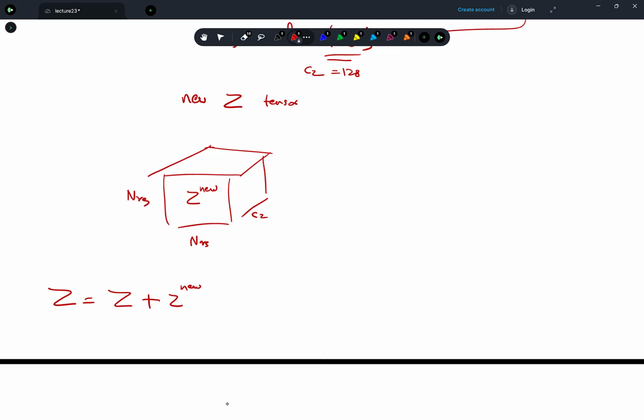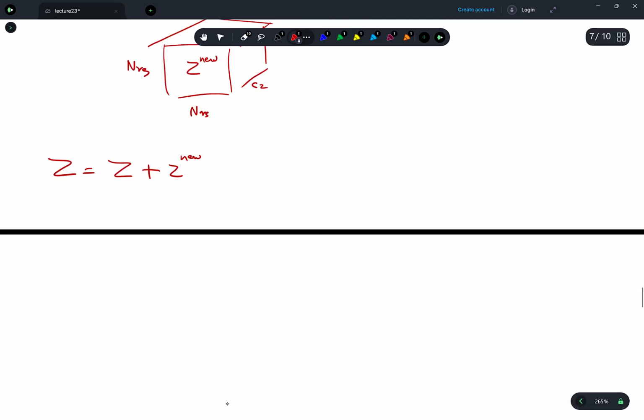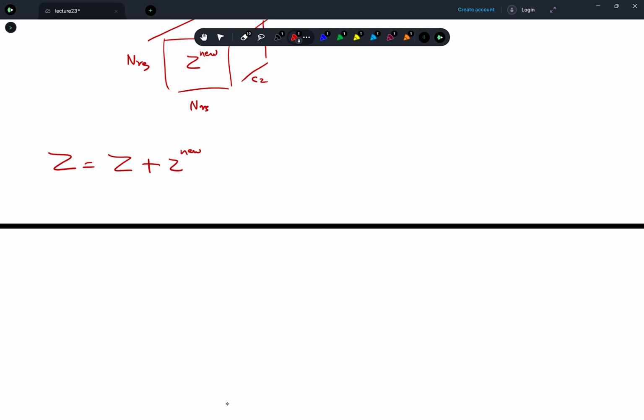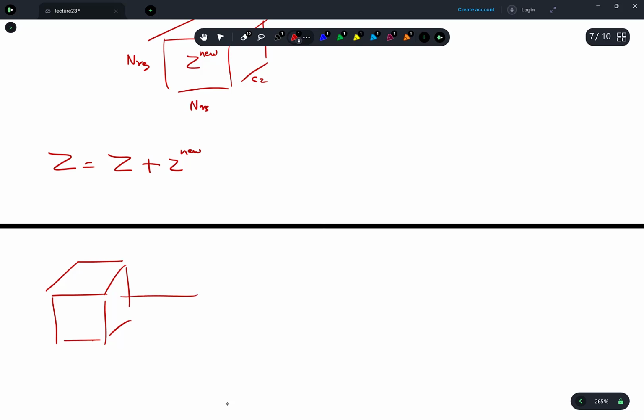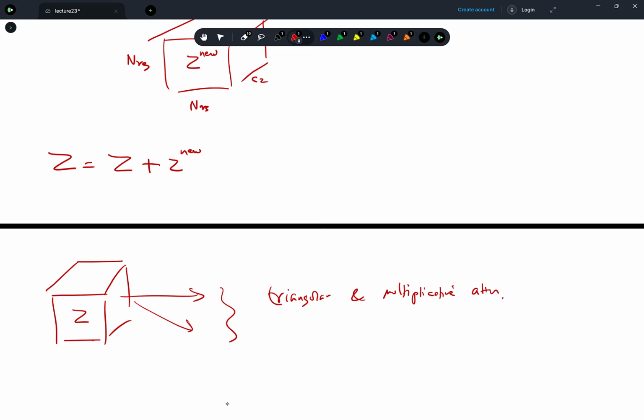So you take this new Z, and now we have to do the triangular and multiplicative attention. The good news is that when you describe these attentions, the intuition behind them is interesting, but they are actually attention at the end of the day. It's the same thing.